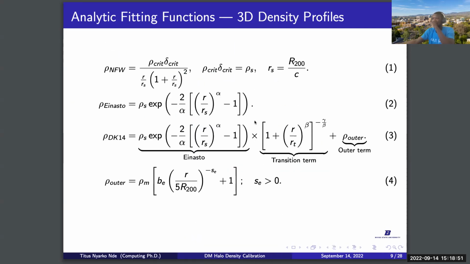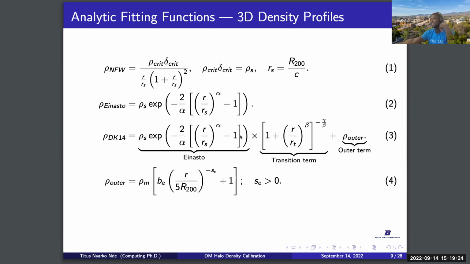Then we have the Einasto profile as well, that is also being calibrated. This alpha parameter controls the slope of the density profile. Then the DK14 profile, this Diemer and Kravtsov paper, which is one of the papers I'm considering in this thesis, proposed an extension to the Einasto profile, because the Einasto profile only fits the inner region of the halo.